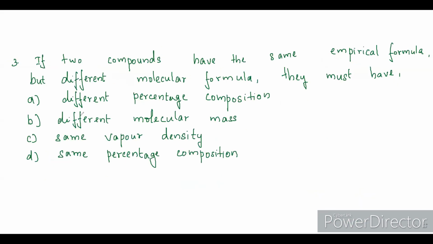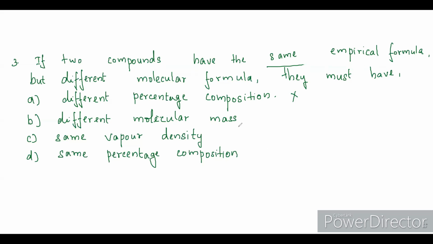If 2 compounds have the same empirical formula, but different molecular formula, then they must have different percentage composition? No, because if the percentage composition is different, the empirical formula itself will be different. But here it is given same empirical formula.